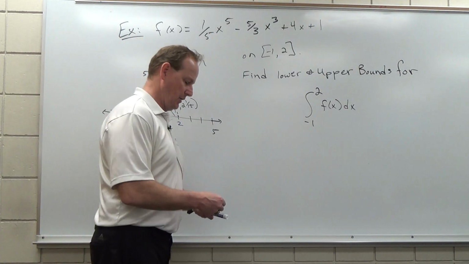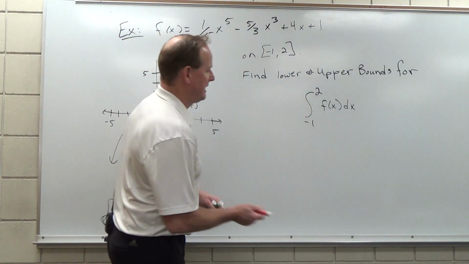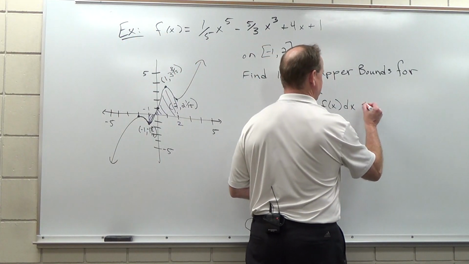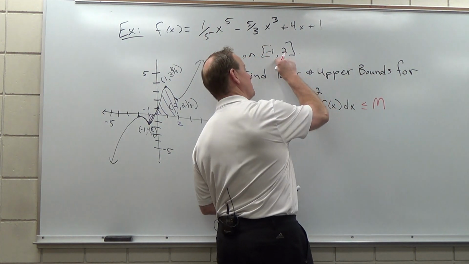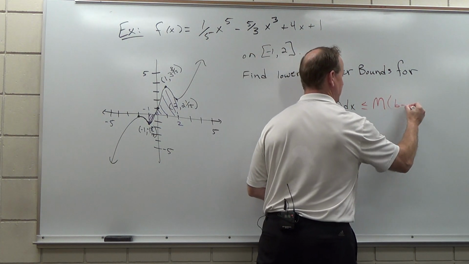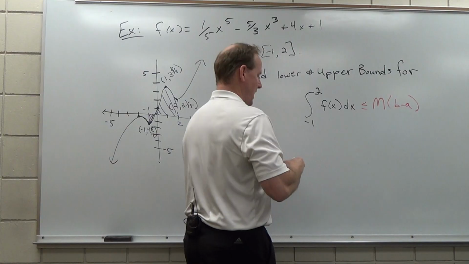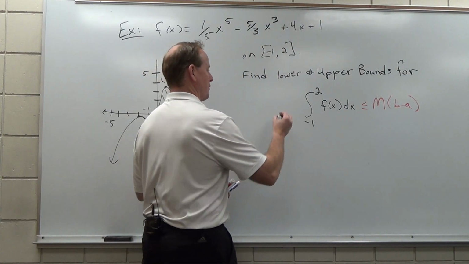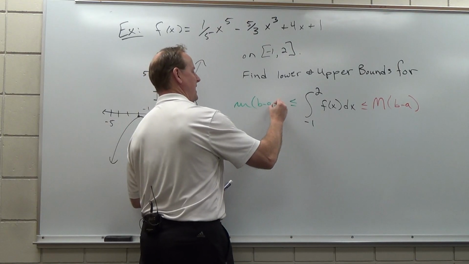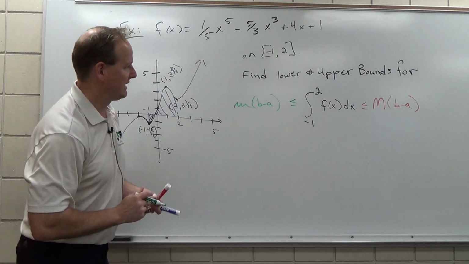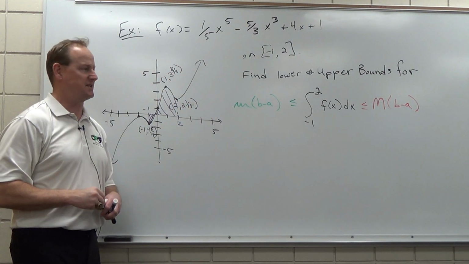Then we're going to have an upper bound. So if you remember, we can say this is going to be less than or equal to the absolute max on that closed interval times b minus a, right? And we also know that it's going to be greater than or equal to the absolute minimum height times b minus a, from the theorem that we just proved in the last video.